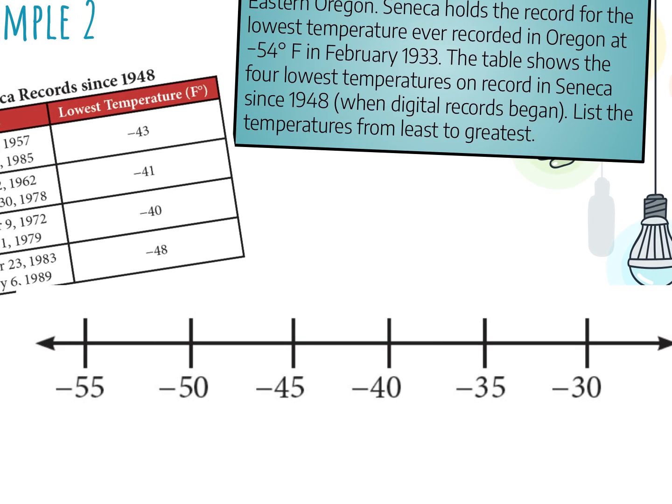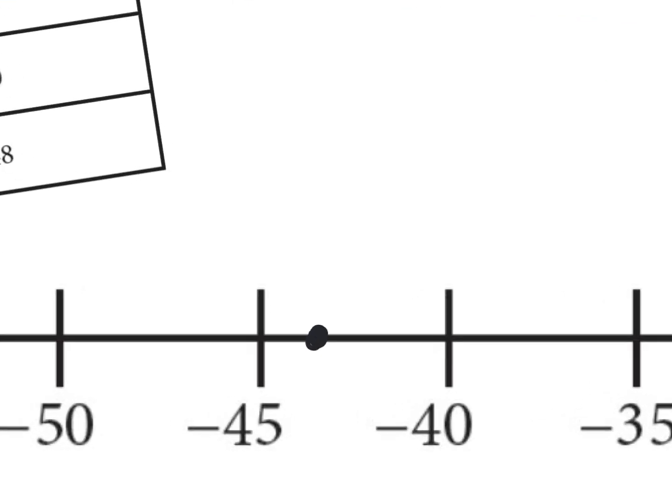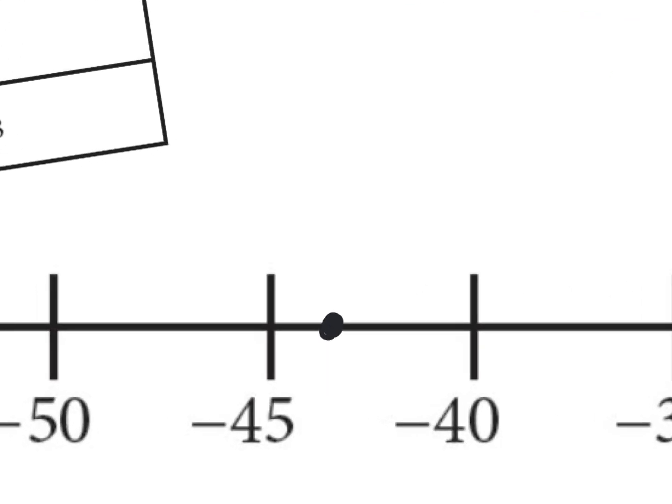We're going to start with negative 43. When we look at negative 43, we know it's between negative 45 and negative 40. So it's probably closer, well, we know it's closer to negative 45, so I'm going to put the dot there. And then I'm going to expand this so I can fit in negative 43 as our number.